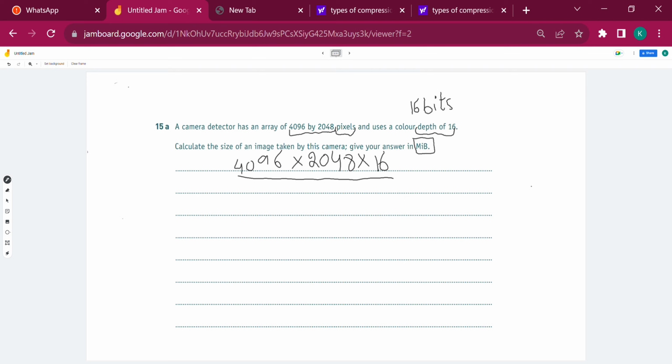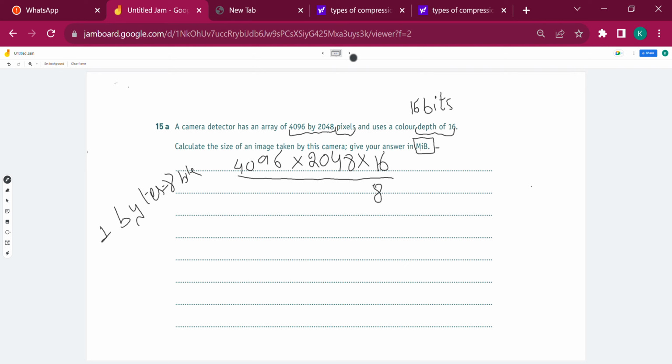We have discussed earlier, 1 byte is equal to 8 bits. So if I want to convert this into bytes, simply I'm going to divide it by 8. Hopefully you have a good mathematical concept, so you would be able to get the point I'm trying to say. Next thing is mebibyte.